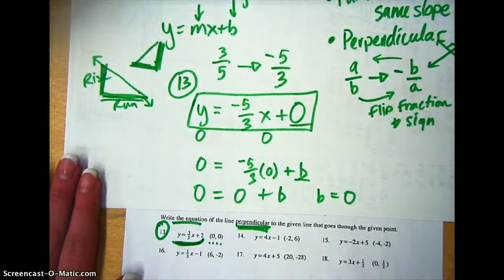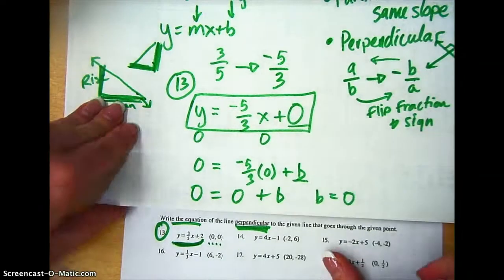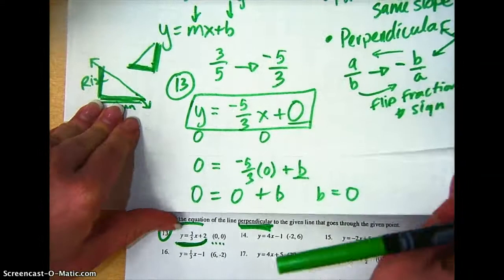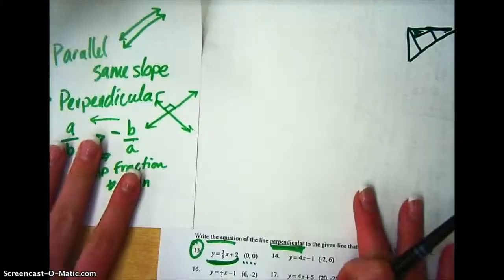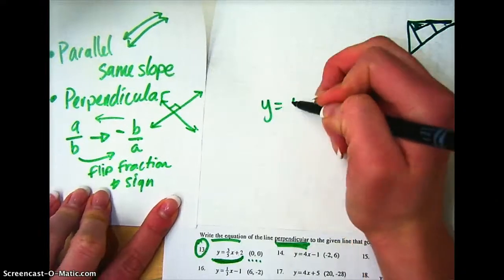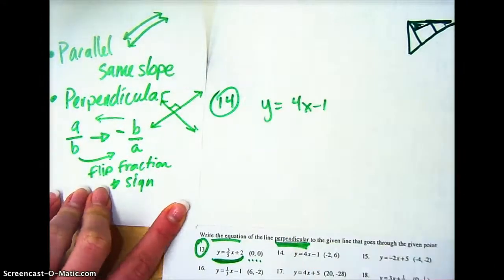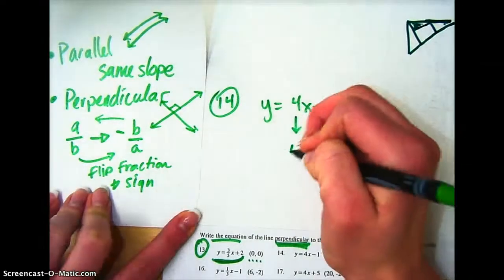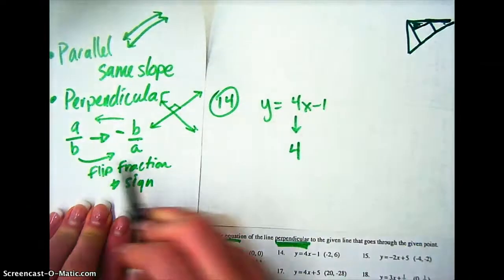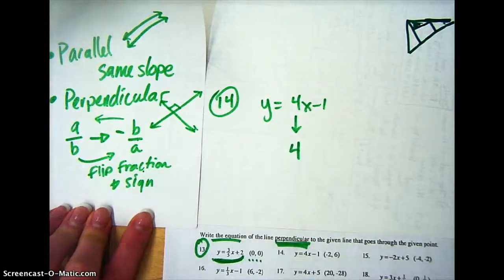Now look at number 14. This one poses an interesting problem, so I'll get you started. Once again, we want to remember that for perpendicular lines, you flip the fraction and the sign. Since my rule was y equals 4x minus 1 for number 14, I need to take the slope, which is 4, and flip it by flipping the fraction and the sign.